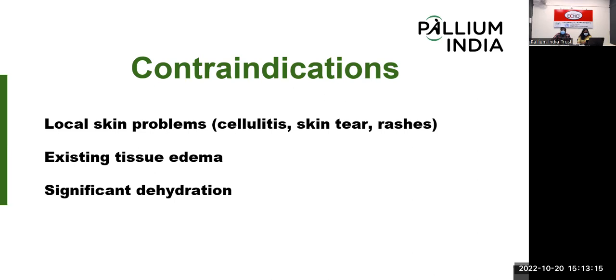Then, if the area we are going to select already has existing tissue edema, we can't give, because that means poor fluid absorption. The collection of fluid is already there. Giving the injection or infusion again will not help the patient get relief.